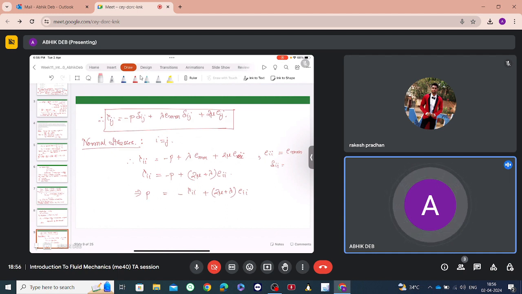That is, when i is equal to 1, i is equal to 2 and i is equal to 3, so delta ii will be equal to 3.